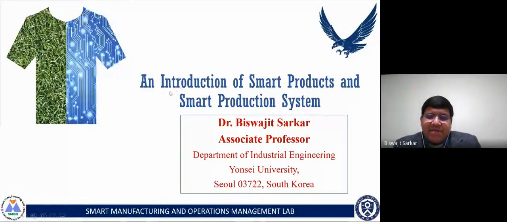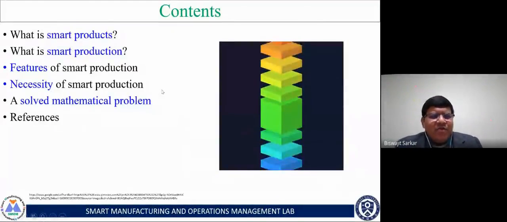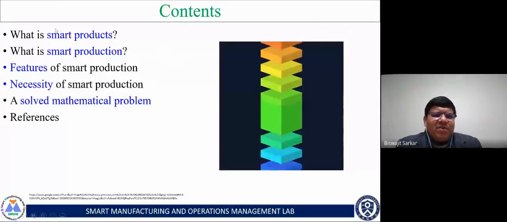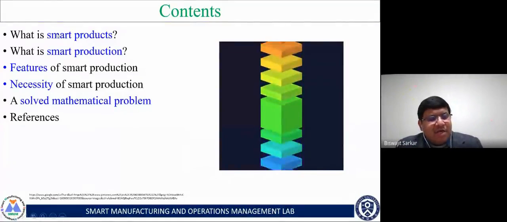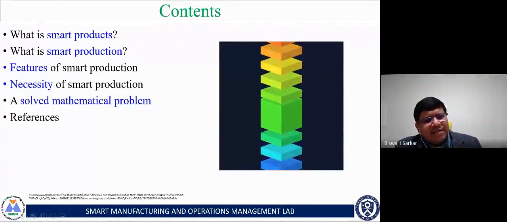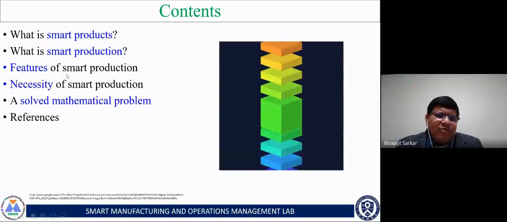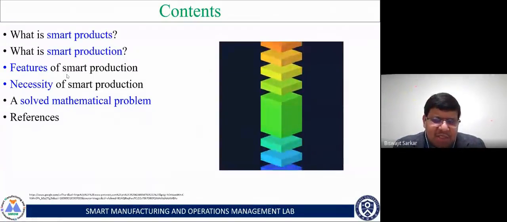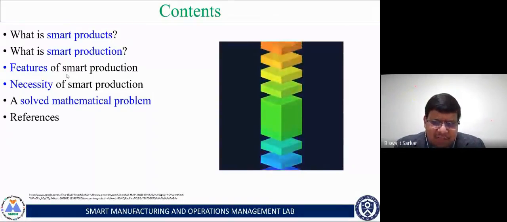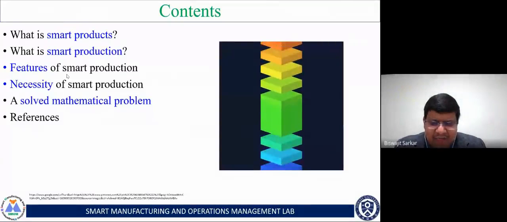The content is an introduction of smart products and smart production systems: what smart products are, what smart production is, its features and necessity, and then, within a mathematical model, how we handle inventory control without the differential equation that we generally use initially.